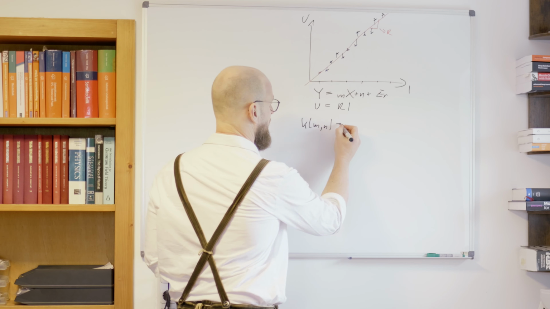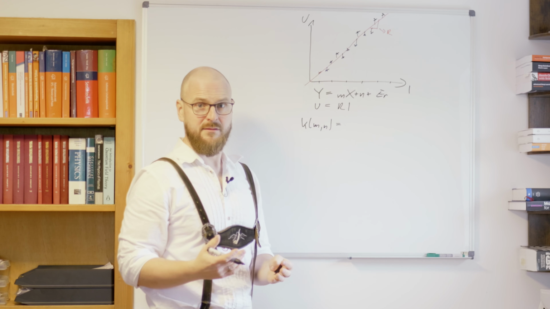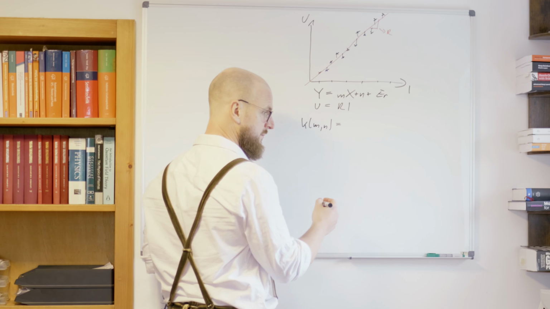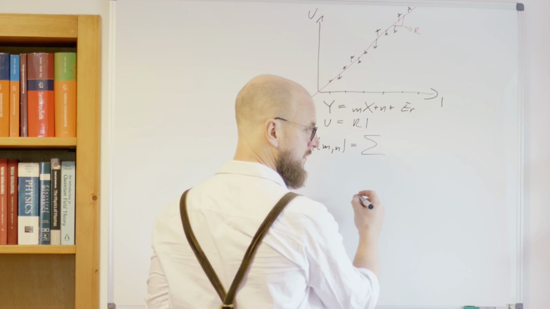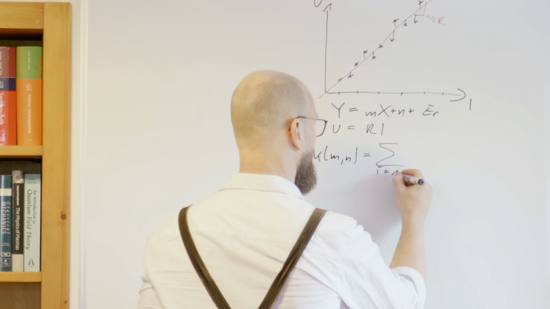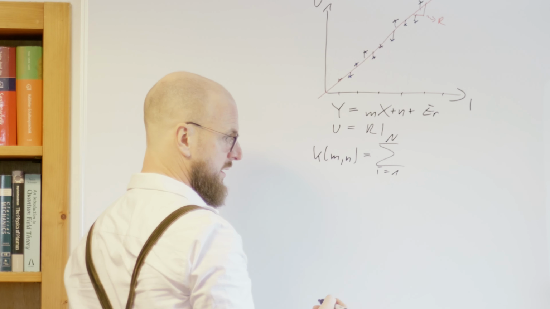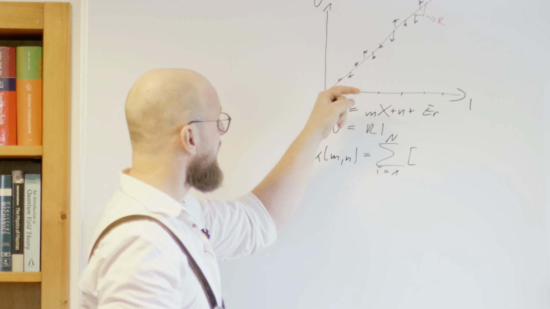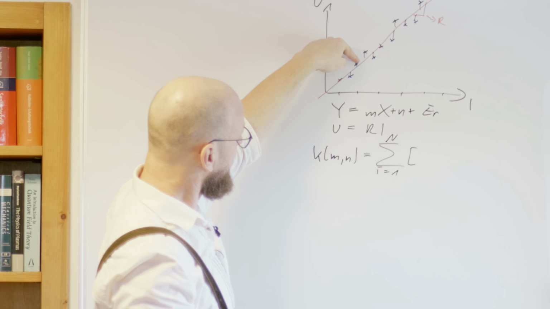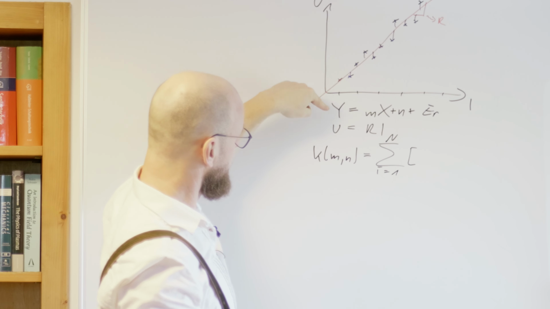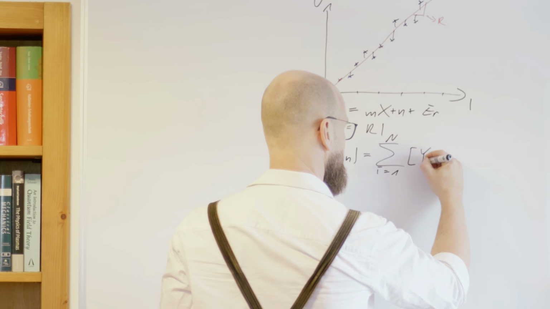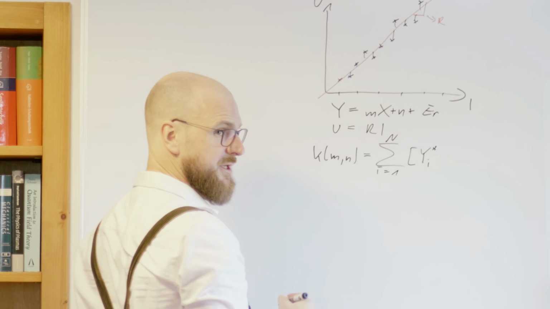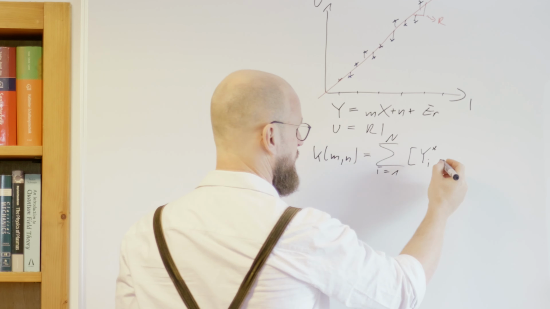So what is the error? The blue lines over here, it's the sum over all measurements, so we need that sum. And what do we want to sum up? We want to sum up the difference of the measured value in u, which is the measured value in y. That's the y direction in the graph. Minus what?